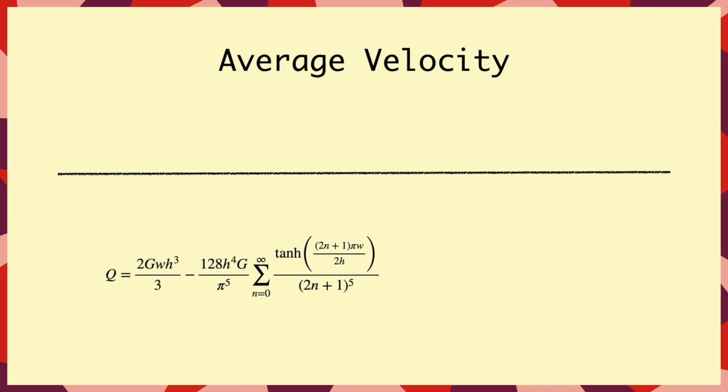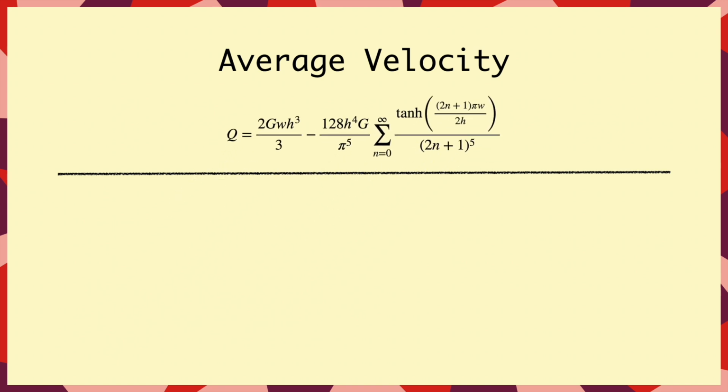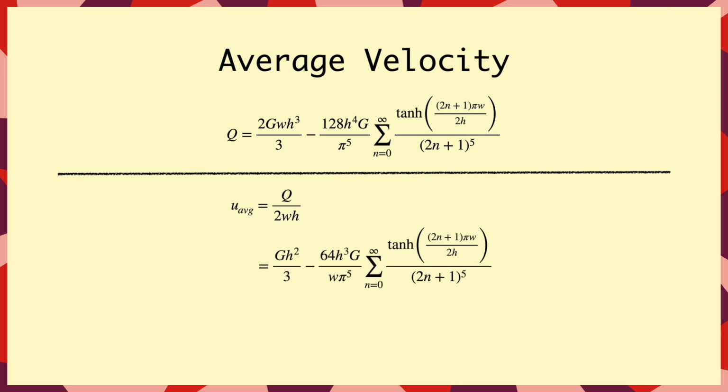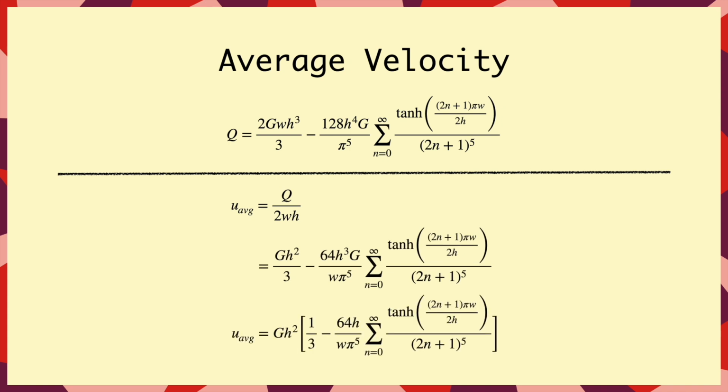Then we need to divide this by the cross-sectional area, and like before, we can take out a factor of gh². Now, hyperbolic tan tends towards 1 as its input gets large, so letting w tend to infinity, the right term will go to 0, and we'll just be left with gh² over 3.